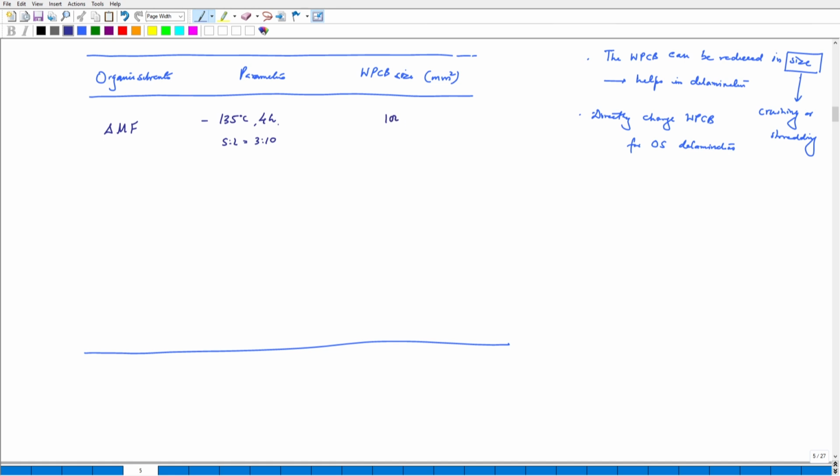We have 100 millimeters squared, 50 degrees Celsius, 60 hours. L 1:5. So it's not necessary that we are always sticking to 3:10. The ratio can change.